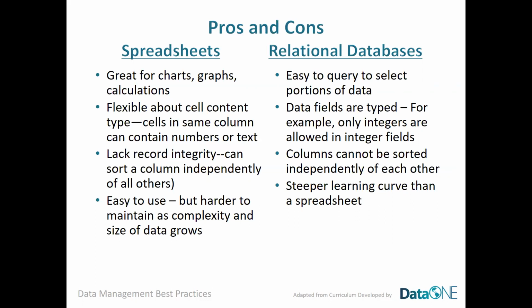That is, one column cannot be sorted independently of others. And you can also enforce data types on databases, which is a best practice. This means that only data of type text, for example, can be entered into a column of type text, or data of type numbers can only be entered within a cell that is designed to contain numbers. And this helps to prevent data entry errors.